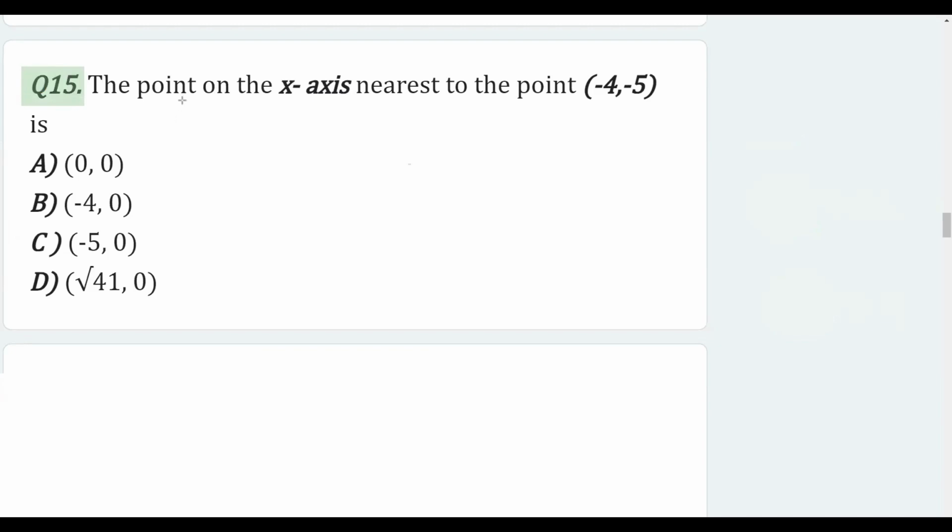The question number 5 from the chapter coordinate geometry says the point on the x-axis which is nearest to this point. Now, let's say I make a rough sketch of Cartesian plane over here, and we have to locate this point. This point, that is -4, -5, has to be in the fourth quadrant, right? Yeah, third quadrant, not fourth.